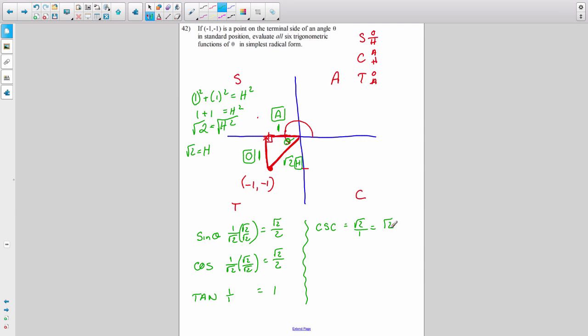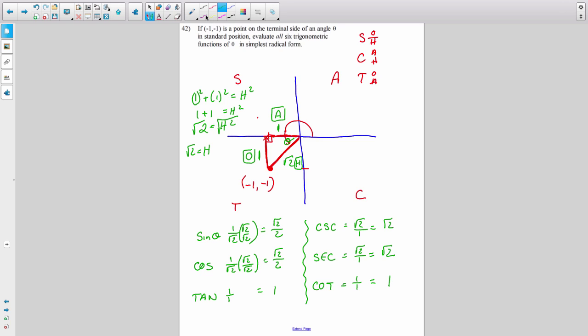Perfect. Radical 2. My secant, that's going to be equal to hypotenuse over adjacent. Radical 2 over 1, which is radical 2. Beautiful. And last but not least, the cotangent is going to be equal to adjacent over opposite, which is 1 over 1, which is 1.